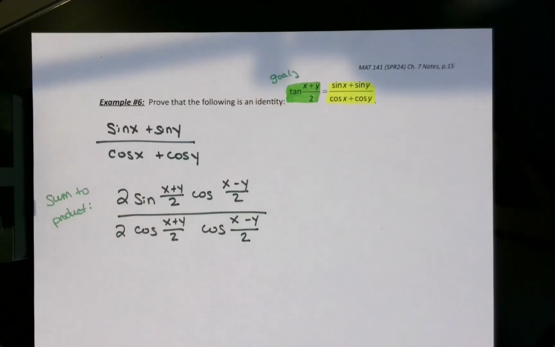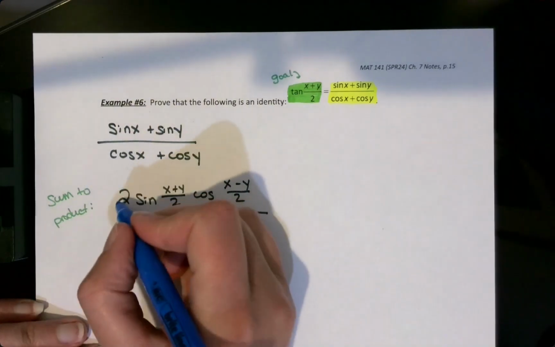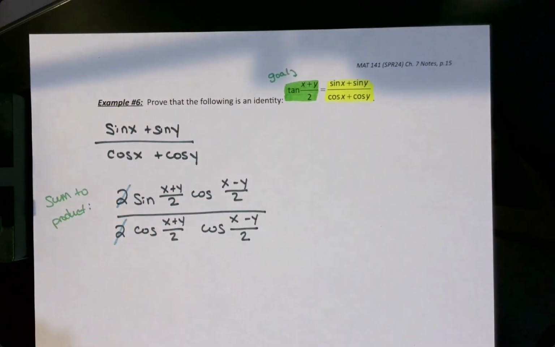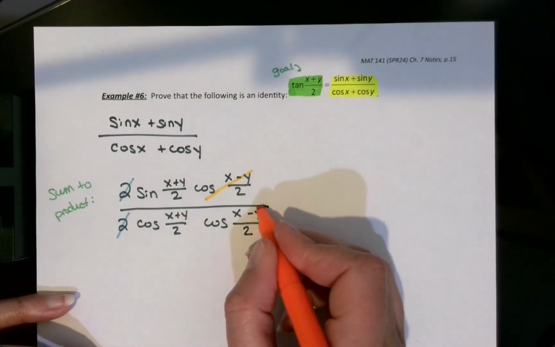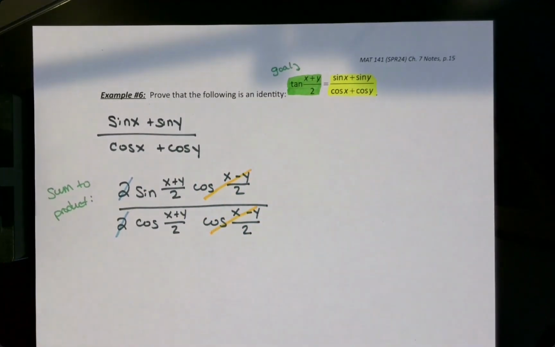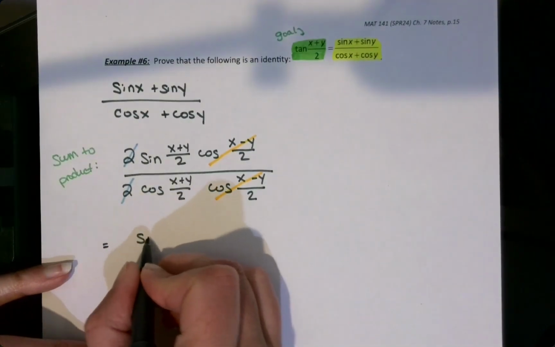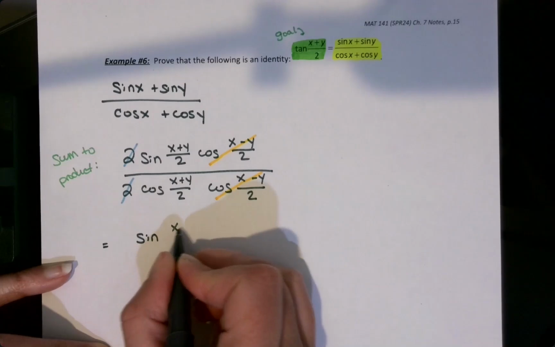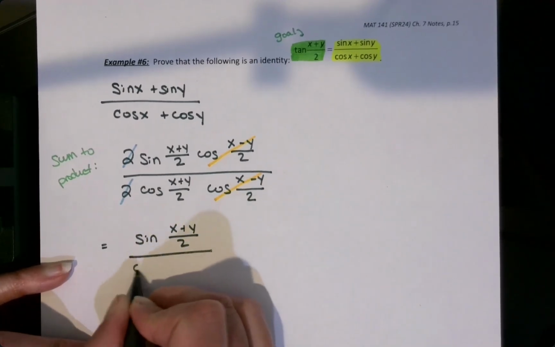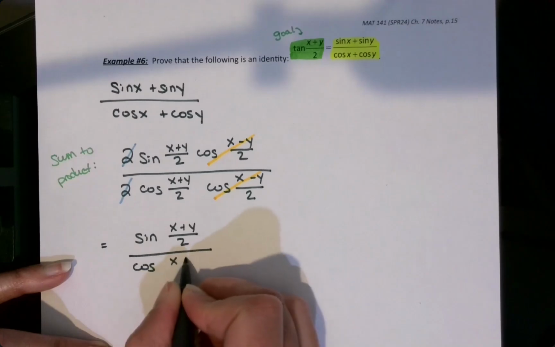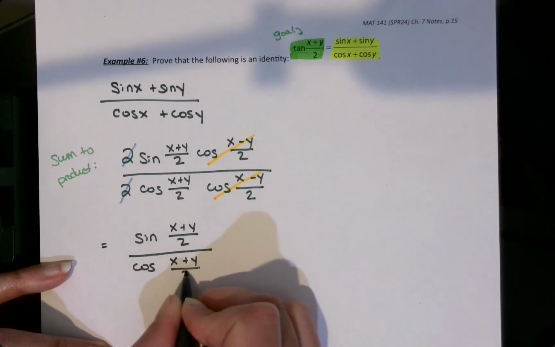All right, so we've done that. And now we can see that we can reduce. The 2's here are going to reduce. And we're also able to reduce the cosine of x minus y over 2's. So it looks like what I have left here after reducing is the sine of x plus y over 2 divided by the cosine of x plus y over 2.